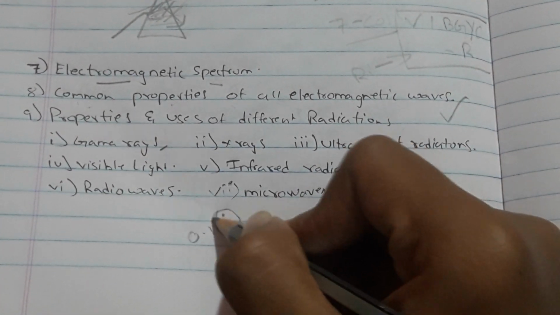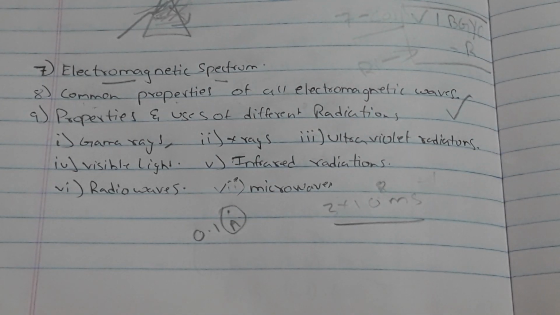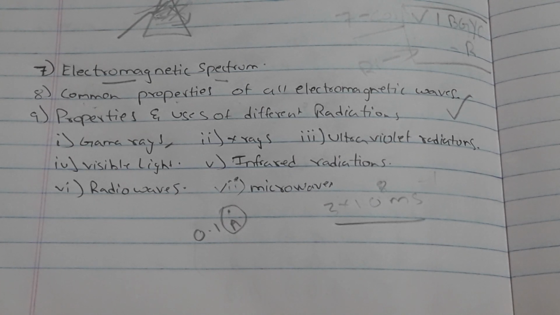This is the symbol of Angstrom. Now we will learn about the sources of gamma rays. They are obtained in radioactive emissions, from the nuclei of radioactive atoms which pass from the excited state to the ground state. Those are the sources of gamma rays.